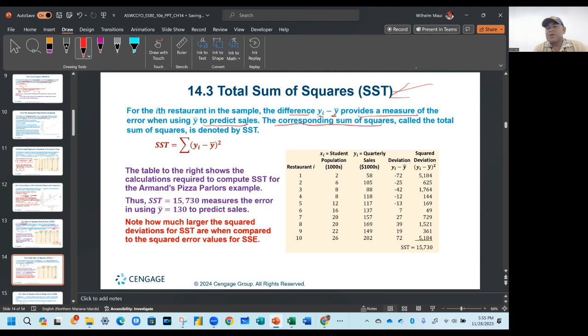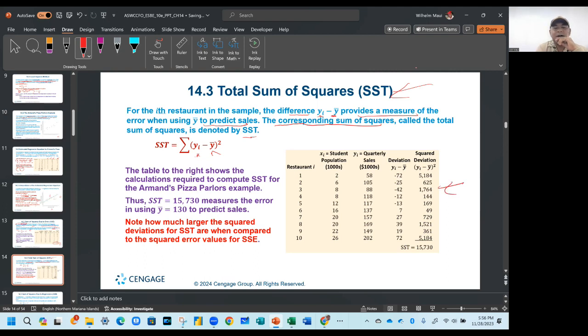The corresponding sum of squares, called the total sum of squares, is denoted by SST. So again, the difference here is I'm subtracting the observed value from the average and then summing those differences. No. The table to the right shows the calculations.